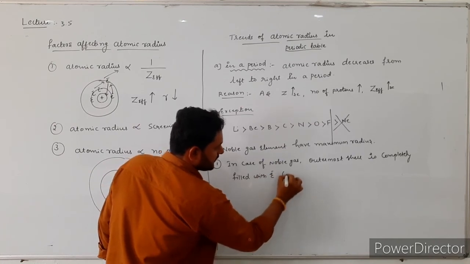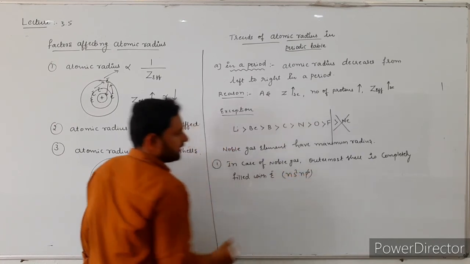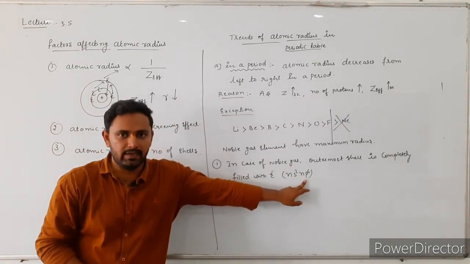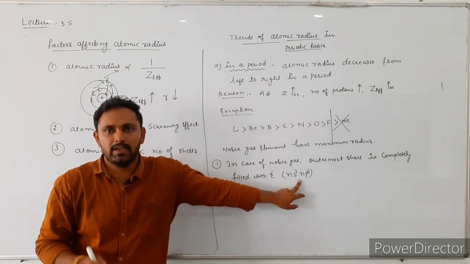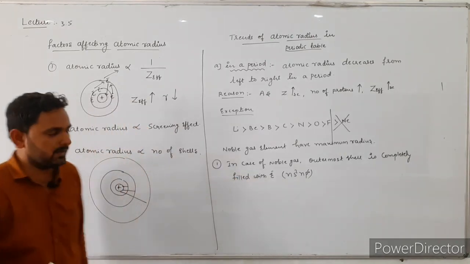The electronic configuration is ns2np6. In noble gases, all orbitals are completely filled. Because of completely filled orbitals, there is more interelectronic repulsion. There is a maximum interelectronic repulsion.